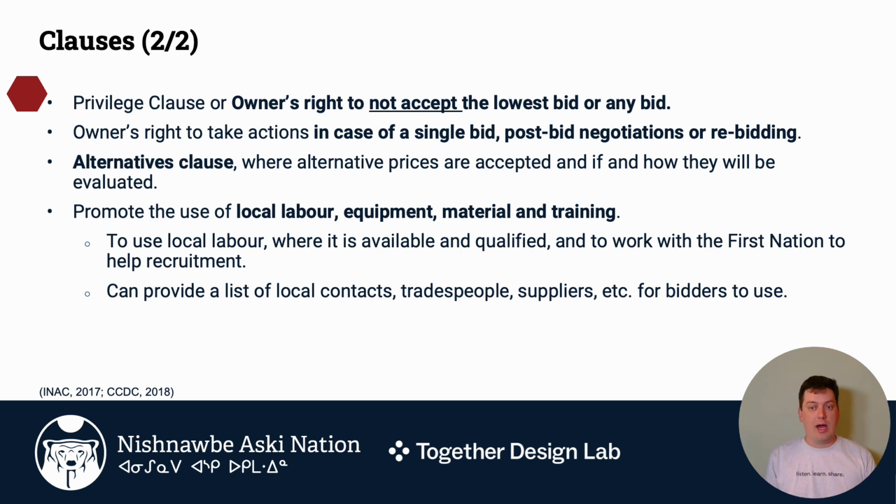But you may list either for the entirety of the package, or more commonly and certainly better practice, include specific components of your build where you will accept alternatives. And that's where a bidder might identify another product or similar product but different from what's listed, and that may be able to bring you in at a lower cost without substantively changing your build.